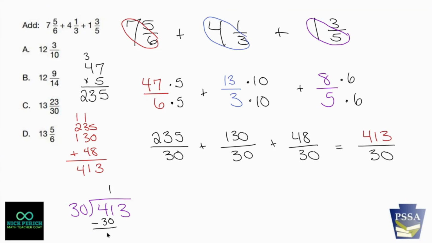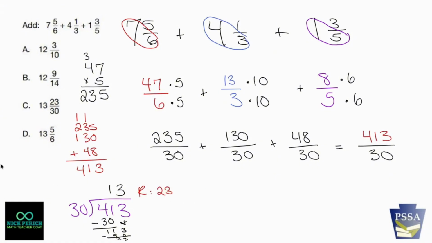Subtract, 41 minus 30 is 11. Drop down your 3. 30 goes into 113 3 times. 3 times 30 is 90. Subtract. And 113 minus 90 is 23. I'm trying to write it small so I don't run out of space. So I end with a remainder of 23.